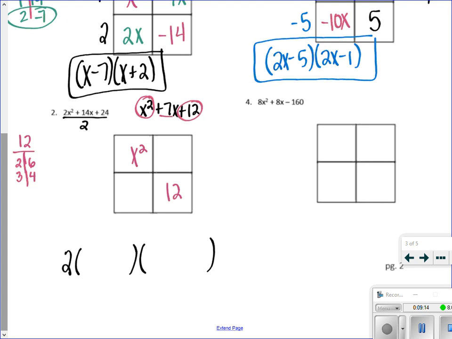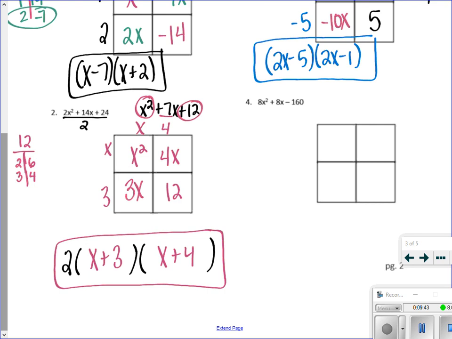Add to 7. 3 and 4. So 3x, 4x. It's just an x squared, so that makes the problem easier. This is an x and x, and then 3 and 4. So x plus 3, x plus 4.